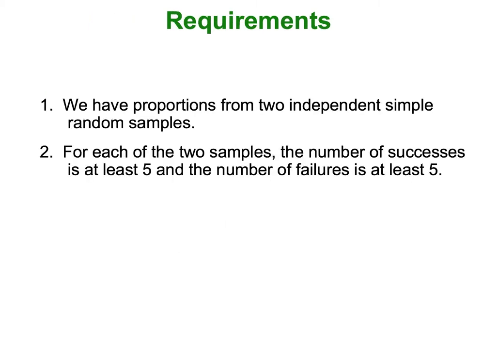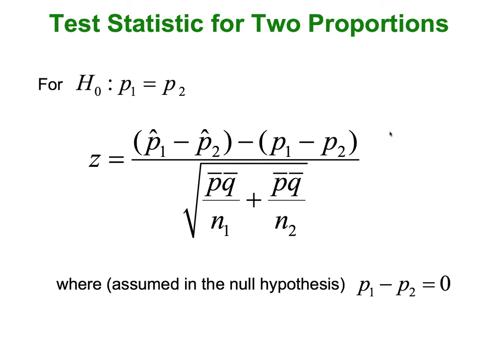Requirements are going to be met for our question, and the claim is going to be that the two proportions are equal, or at least we will assume that, and that will be our null. It may not be the claim, but we're going to put that in our null because it contains equality.